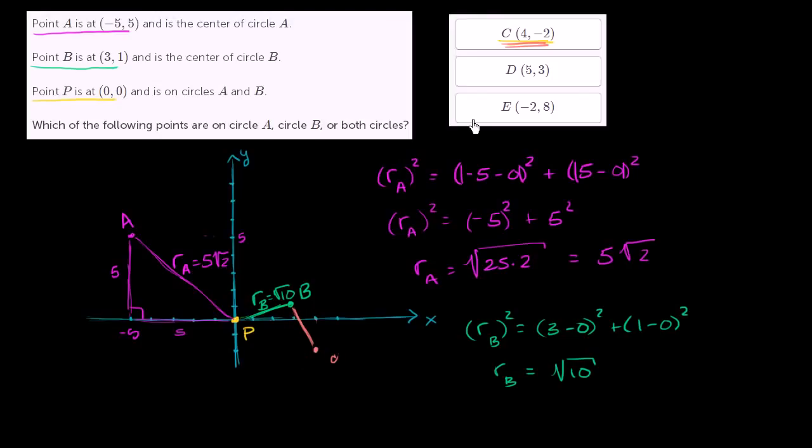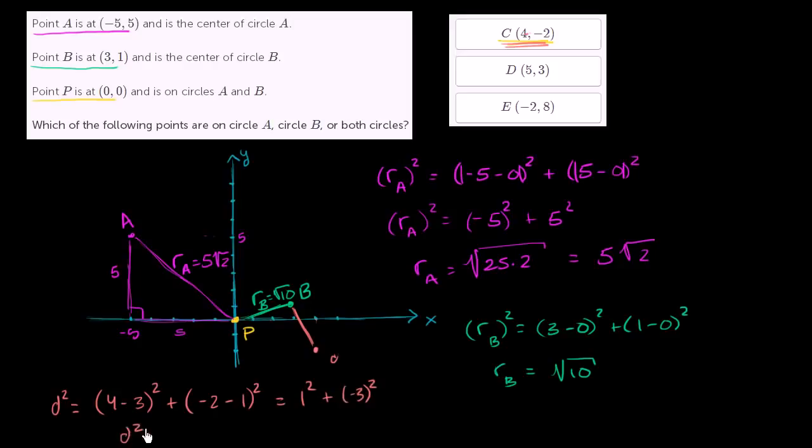The distance squared is going to be equal to the change in x's. So we're trying to find the distance between C and B. It's 4 minus 3 squared, plus negative 2 minus 1 squared, which is equal to 1 squared plus negative 3 squared.